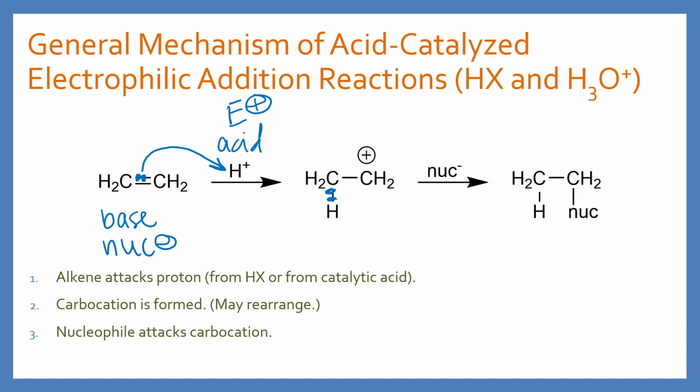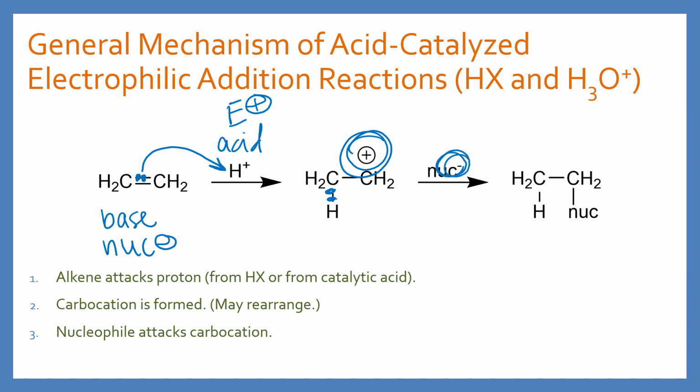Now from this step, we have a nucleophile present in our reaction as well. In the reaction of HX, so a halogen acid, the H is used as the acid, and then X is our nucleophile. So at this point, we have a positive and we have a negative.